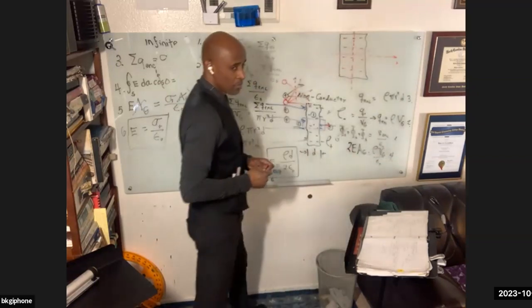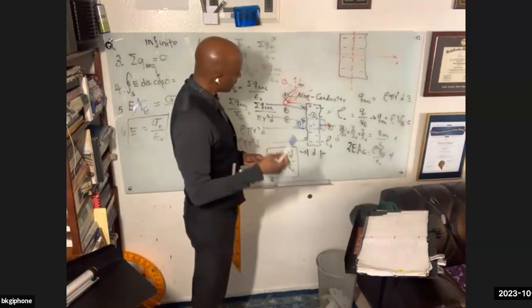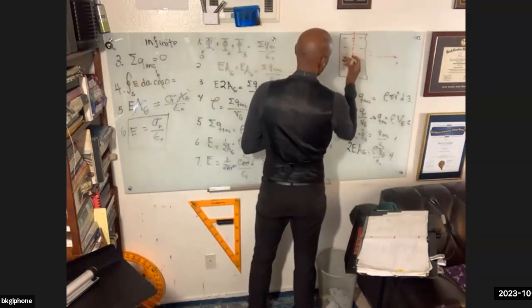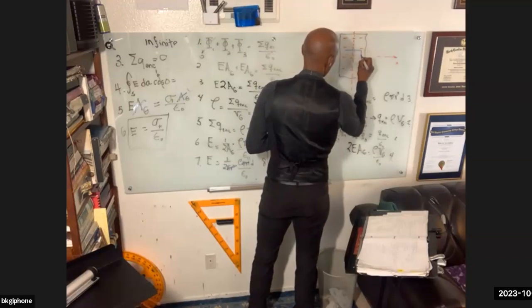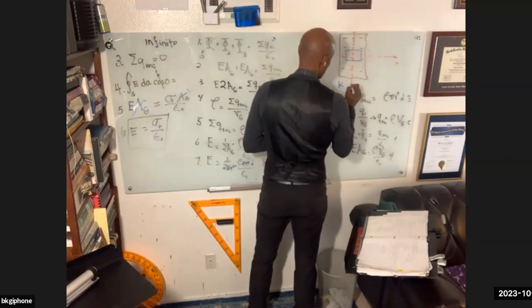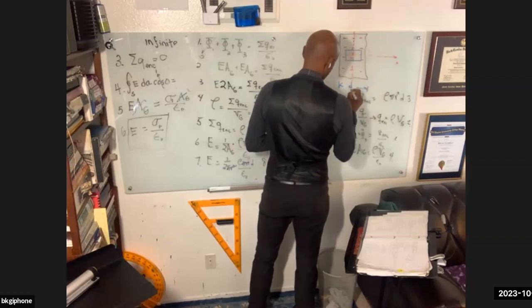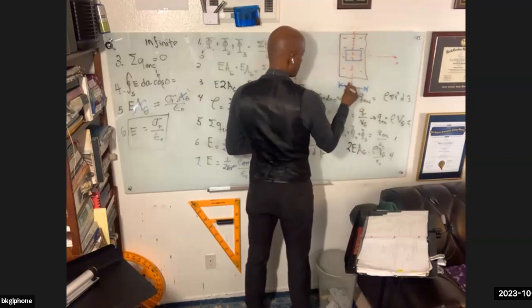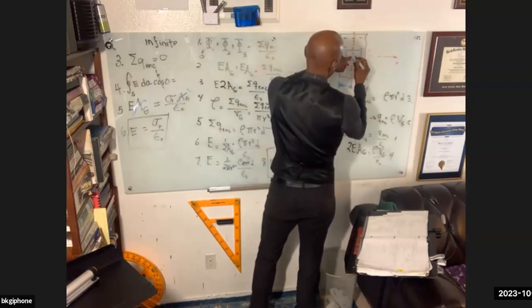We're still going to use a pillbox, but I'm going to center the pillbox at the origin, and the pillbox will only go out to a certain distance, x. Now remember, this total distance right here is a constant, that's d. So one half is d over 2, the other half is d over 2. But here, I'm going to make this x.